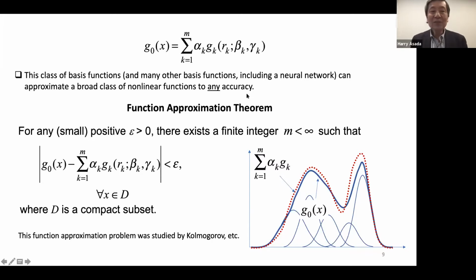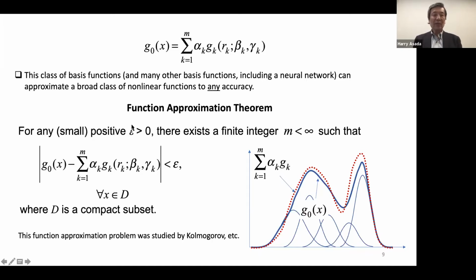What this means is that you provide any small positive number epsilon, and then for any arbitrary epsilon, there exists a finite integer m such that the distance between this approximation and the real nonlinear function is bounded by epsilon.